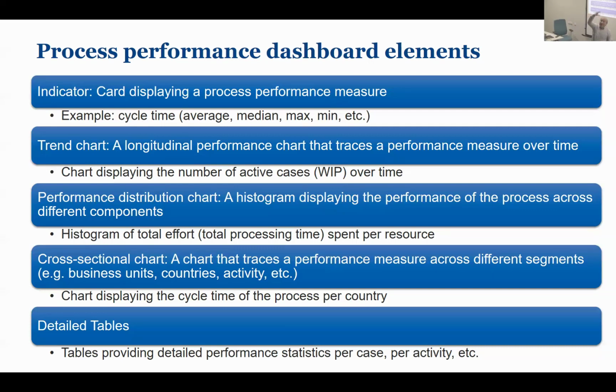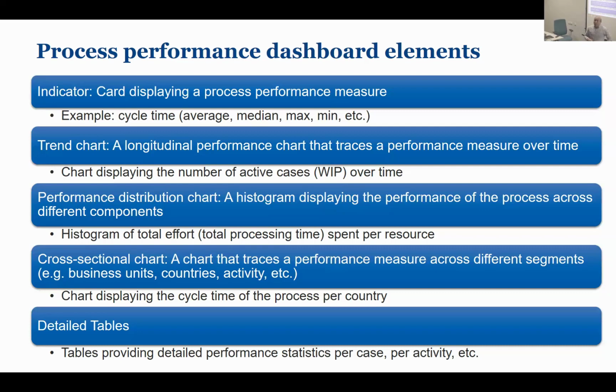And on the y-axis, you see what percentage of cases fall under each of these categories. For example, what percentage of loans have been resolved in less than 2 days? What percentage of loans have been granted between 2 and 4 days, between 4 and 6 days, or more than 6 days?